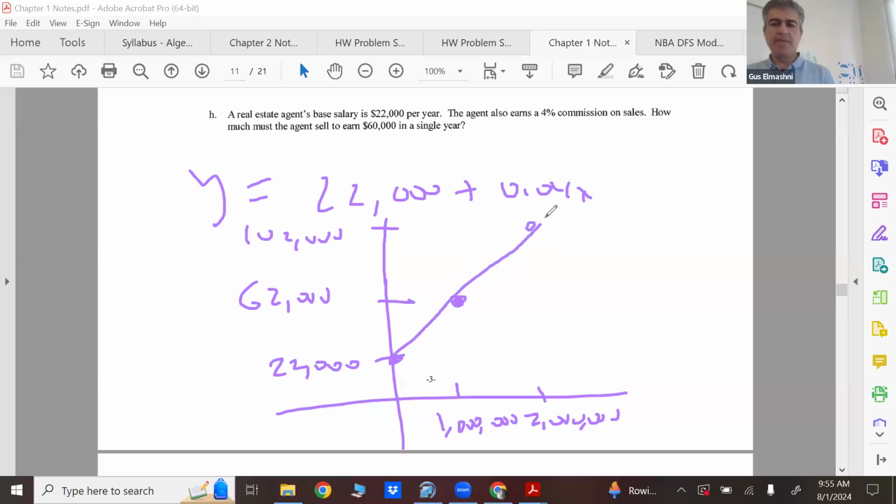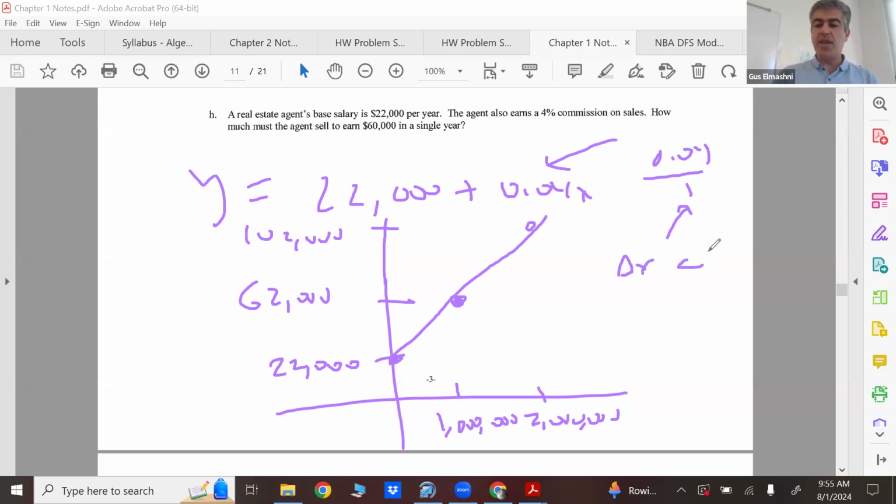That's linear, right? His salary is linear because the more he sells, it changes in a linear fashion. In fact, that 0.04 is 0.04 over 1. Think about what this means. I'm getting into the deep end here, guys, but it's good to talk about.